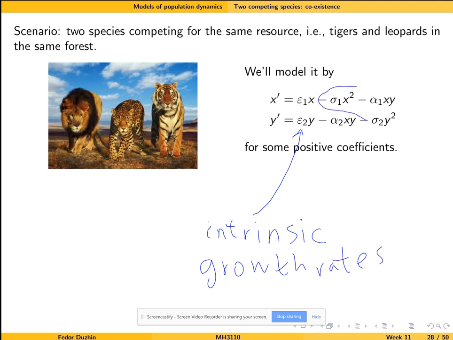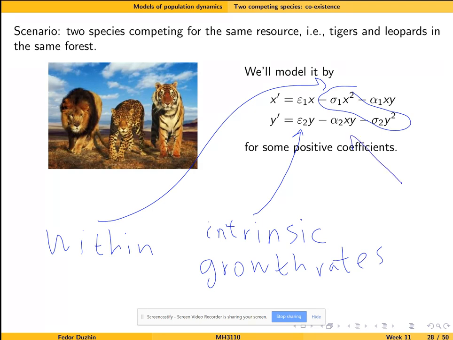Then these two terms, sigma 1 and sigma 2, model the competition within each species. So I will just write within. So meaning that this is the competition that prevents the population from growing unboundedly, right?